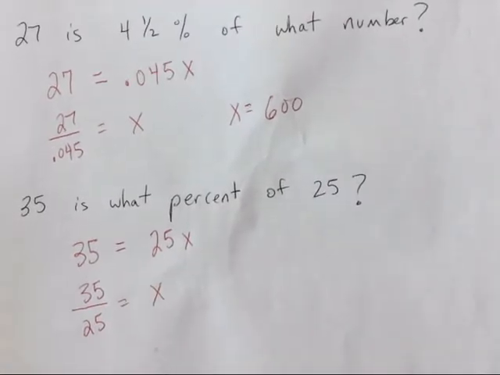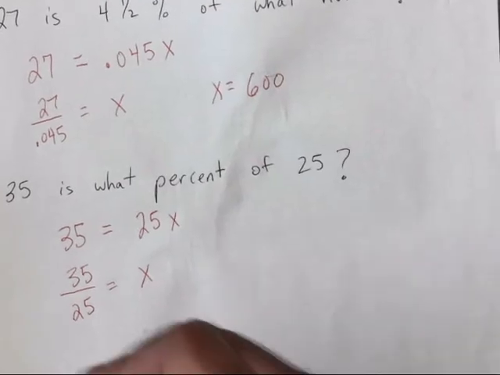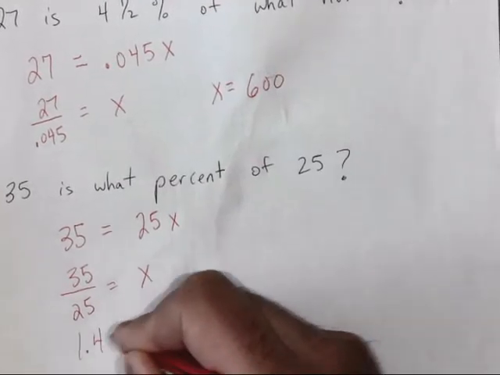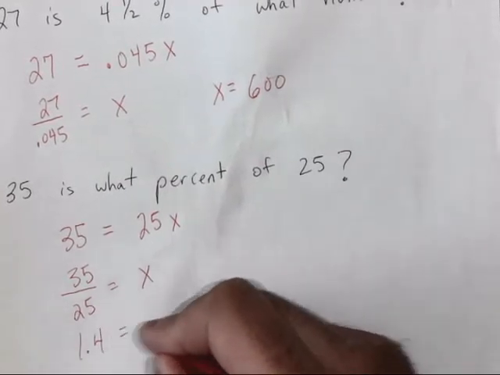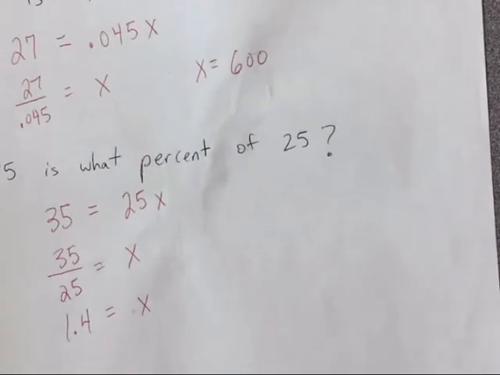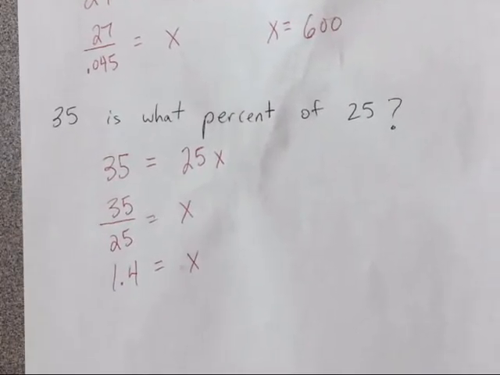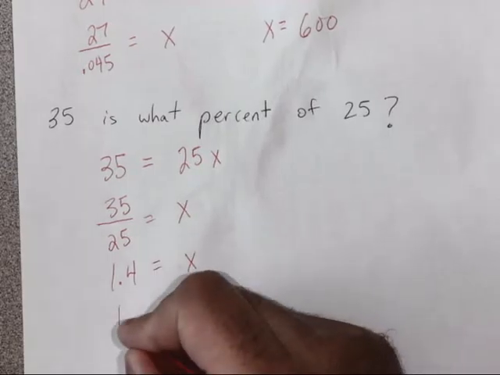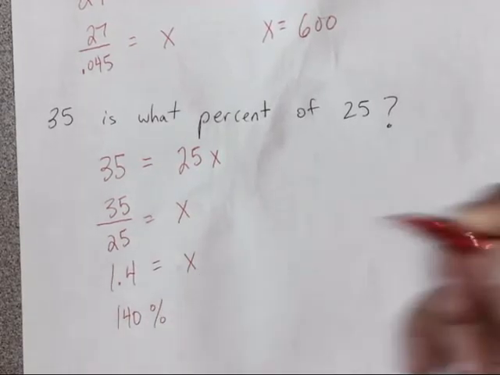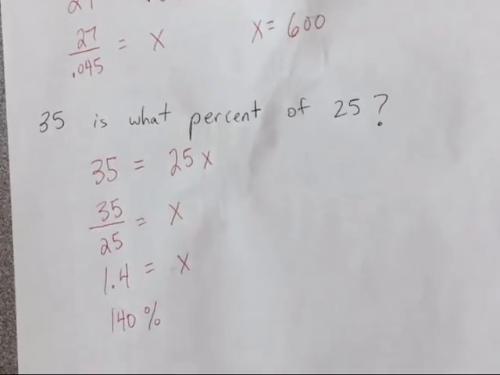And so if we divide that, we get a decimal, 1.4. And then if we want to make that into a percent, we need to move the decimal to the right 2 places. So we get 140%. And so that makes sense. 35 is larger than 25, so it would make sense that our answer is more than 100%.